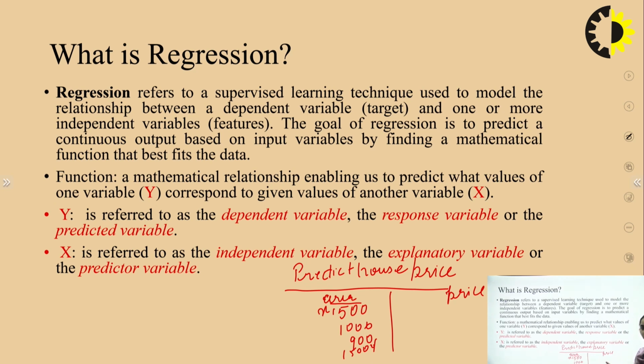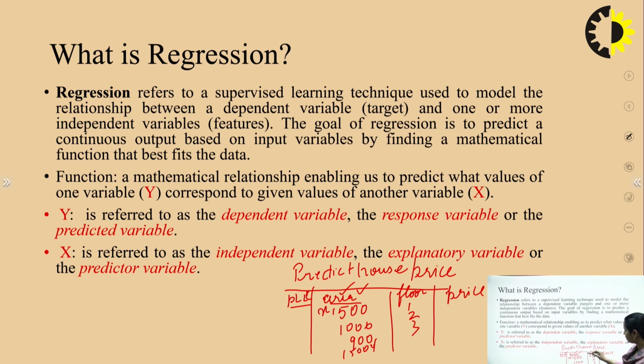is dependent on the area of the house, suppose the floor of the house, right? It is first floor or second floor or third floor, the facing, the PLC, right? So it is dependent on all these things. So these are the independent variables.